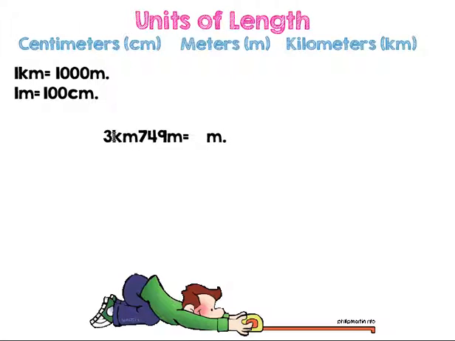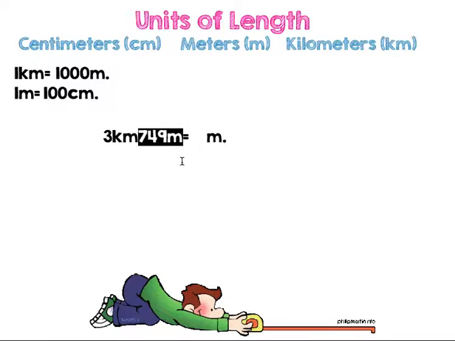It's very easy. Just change the word kilometers for thousands, because 1 kilometer is 1,000. So 3 kilometers is the same as 3,000. And then the rest are meters.